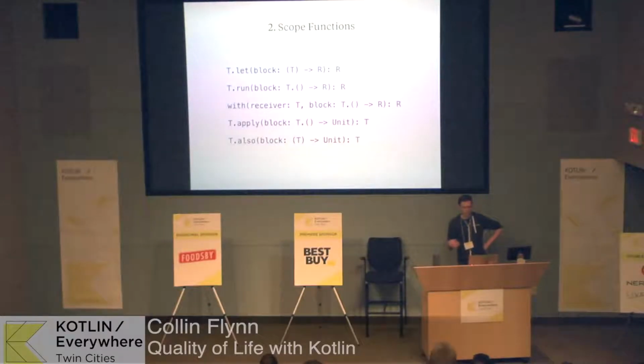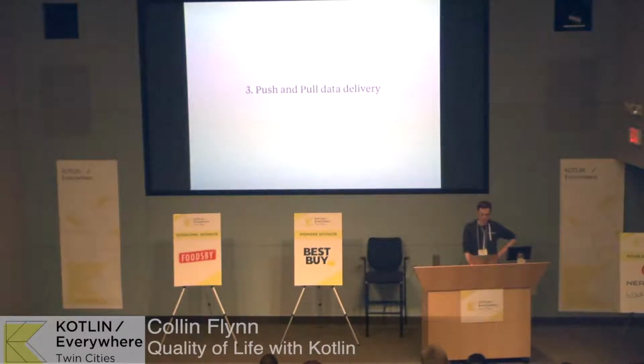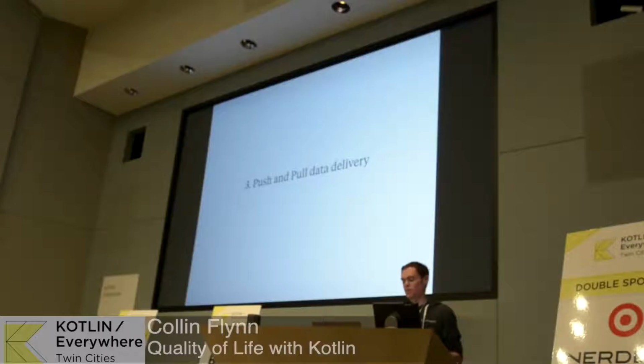I'm going to move on to my last topic, which I'm going to call push and pull data delivery. Now, we saw how sealed classes make push data easier. We were talking about observable streams where I have one type output and I want it to encapsulate a lot of possibilities. Sealed classes help with that, but there's another side to that which Kotlin helps with quite a bit.